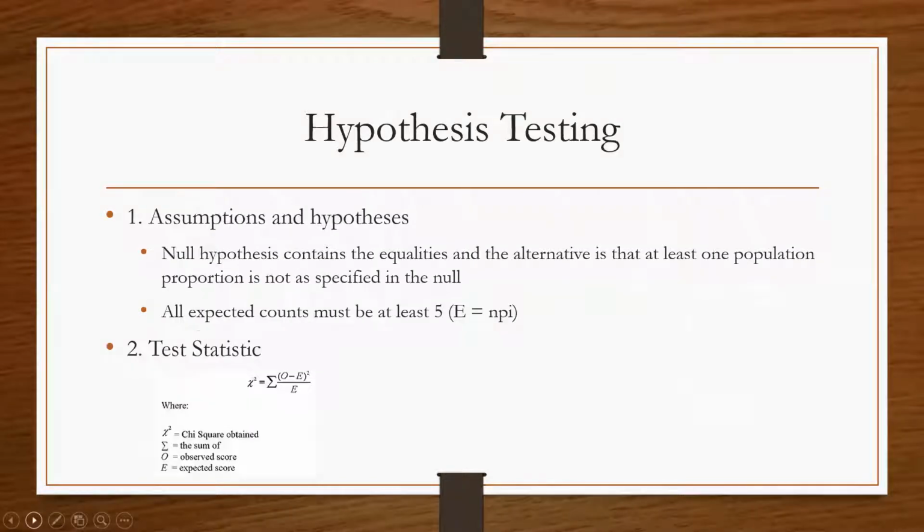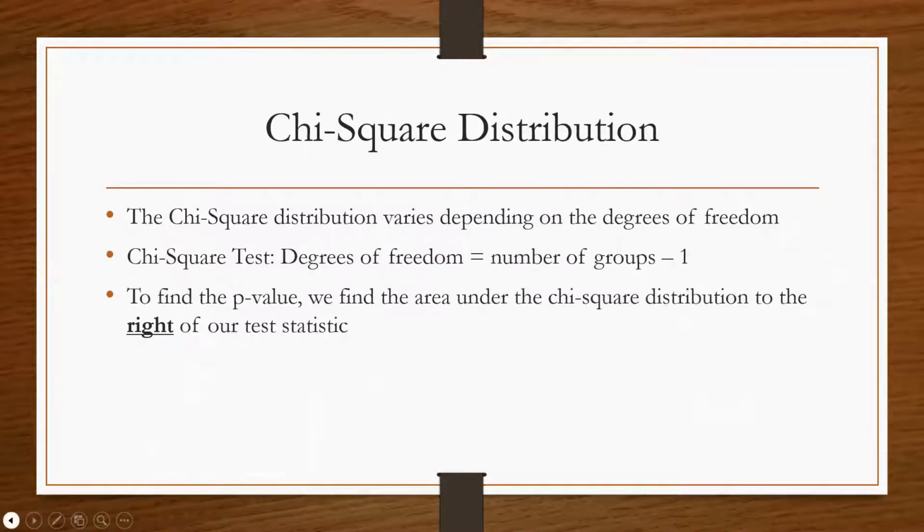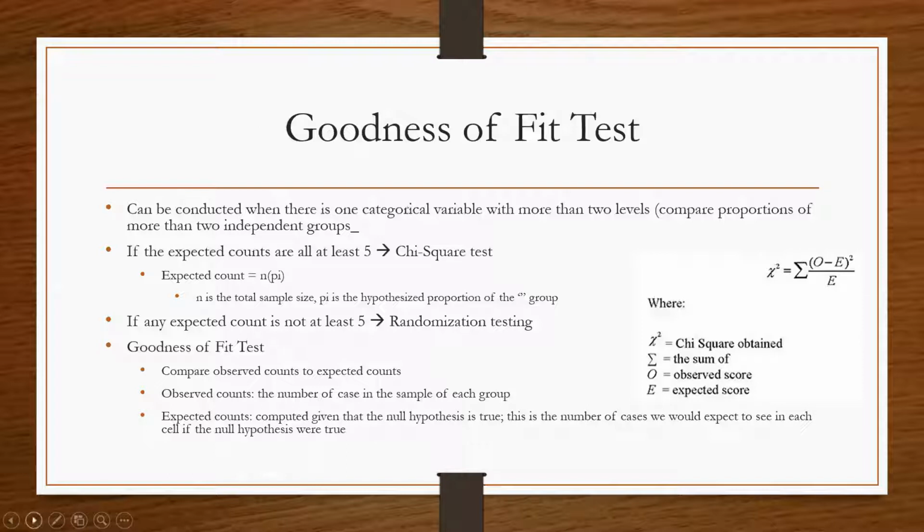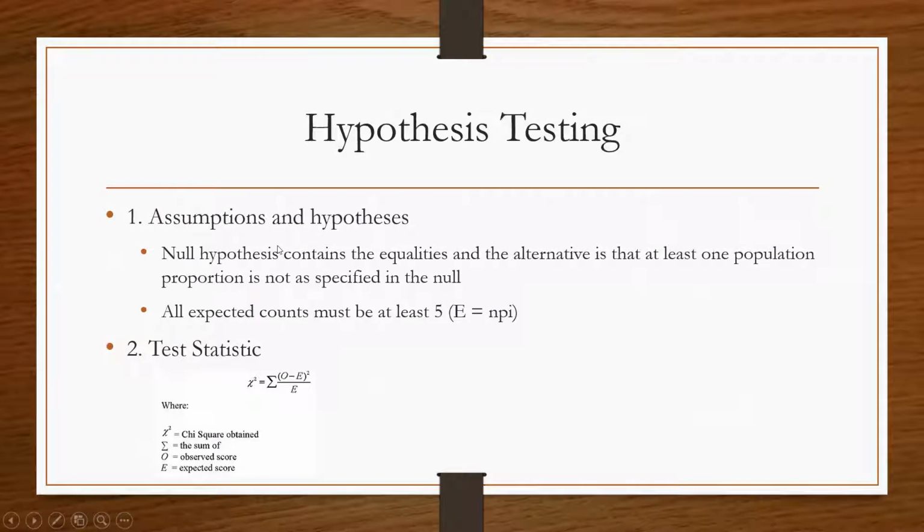When it comes to hypothesis testing for the chi-square goodness of fit test, first off, check your assumptions and hypotheses.